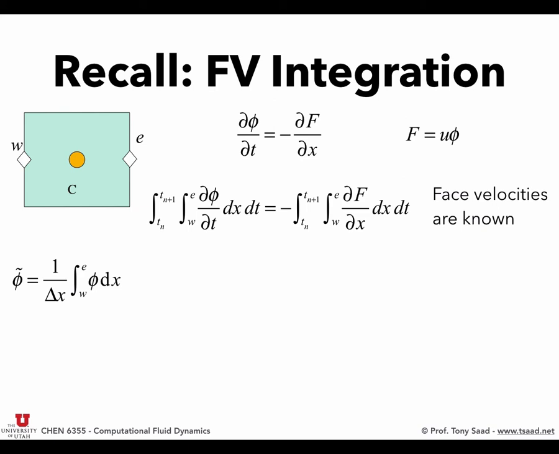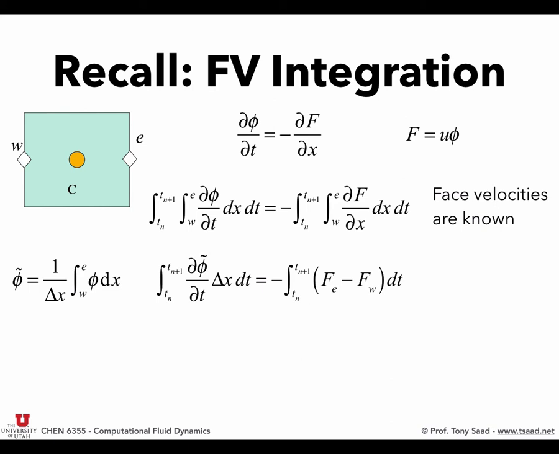So in other words, this entire integral over here, you take the spatial integral inside, that gives you delta x times phi tilde, right? So what happens here is that you get a delta x phi tilde, and you have a d phi tilde by dt. So we're just tracking the average value of phi over time. We haven't done the time integral yet.